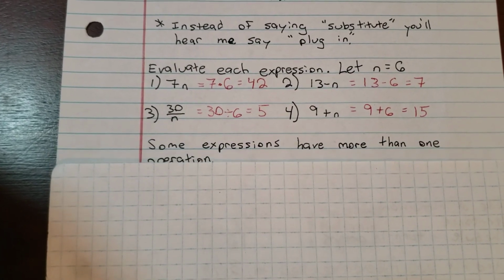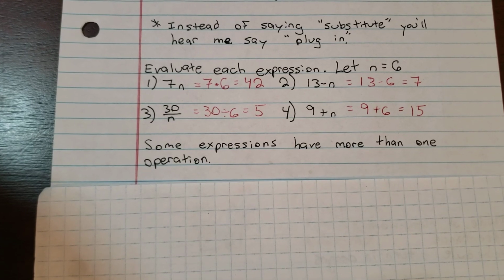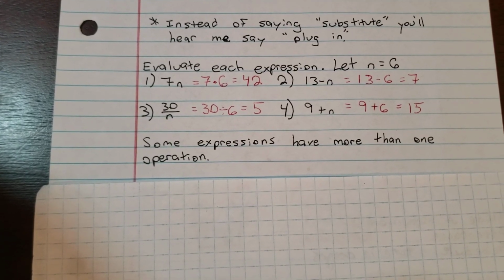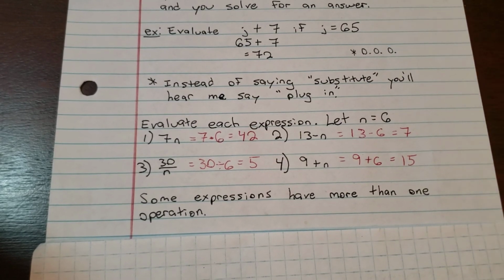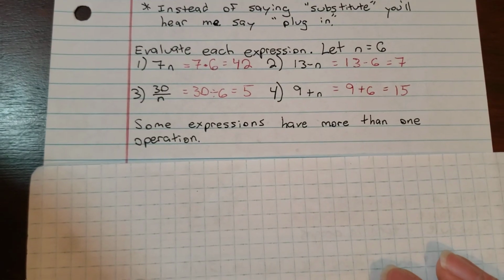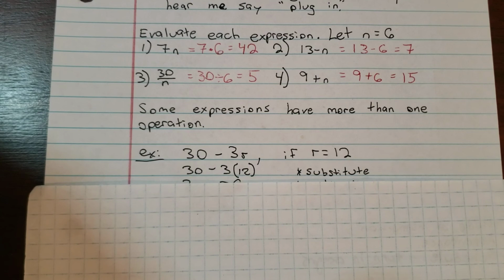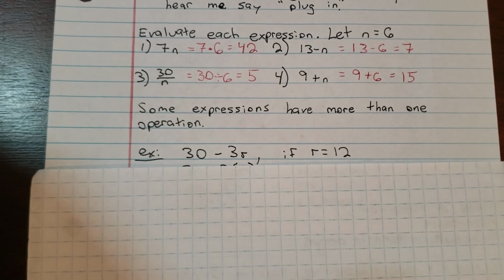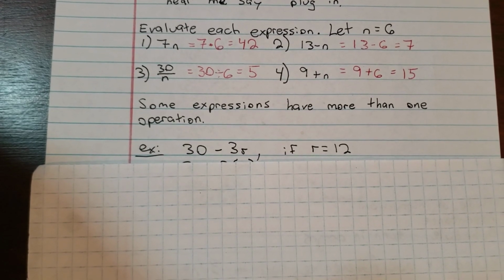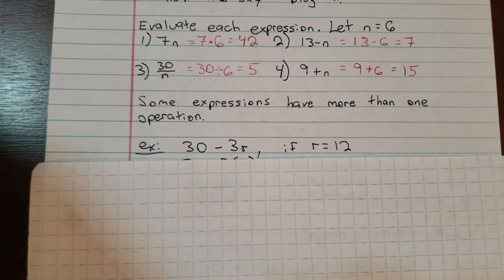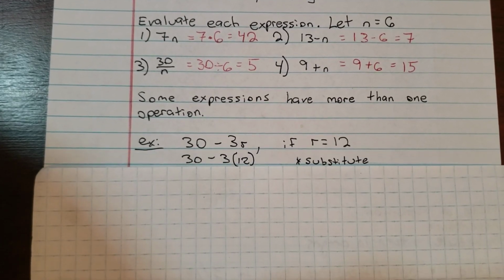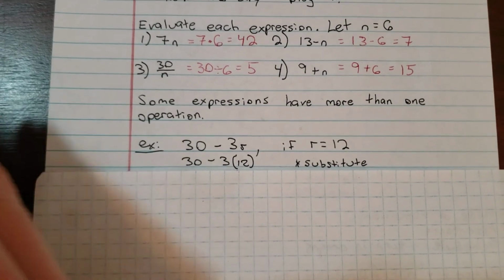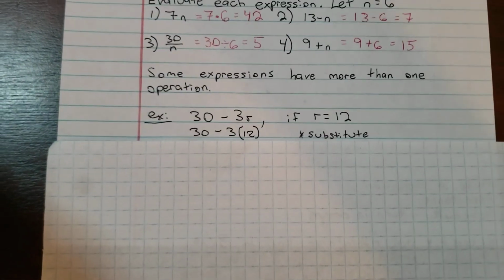Again, moving right along. Some expressions have more than one operation. Again, that's where the order of operations comes into play. In these cases, it'll look something like this. So 30 minus 3r, if r equals 12. Well, so we've substituted. We've plugged in 12.